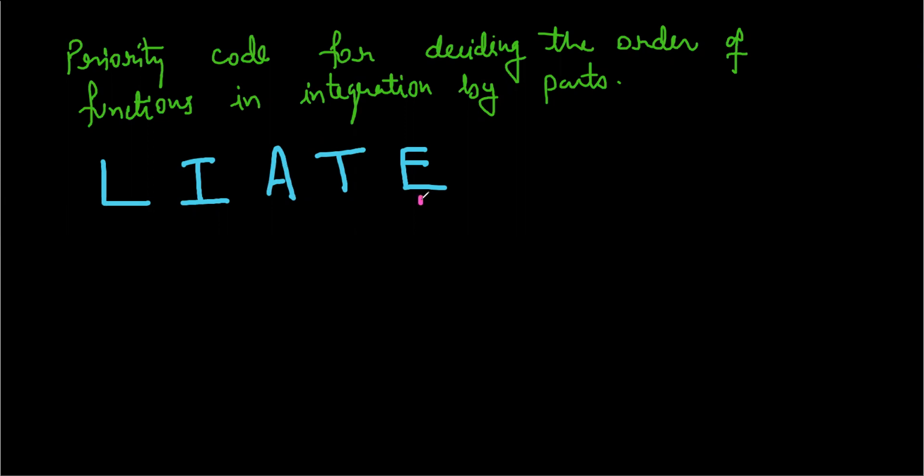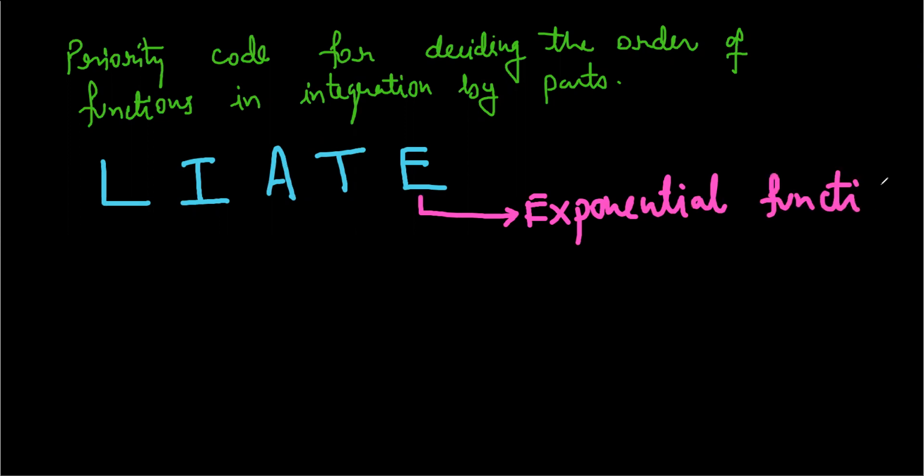Now this E stands for exponential functions. Exponential functions have the least priority. They are at the last. You can check. The first one is logarithmic, then inverse trigonometric, then algebraic, then trigonometric, and finally exponential functions. So exponential functions have least priority, then trigonometric functions.